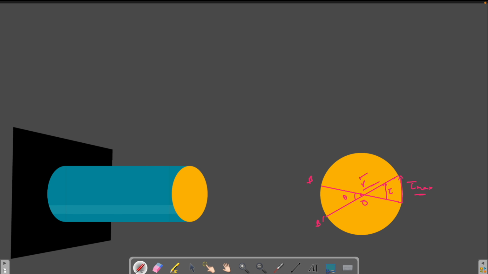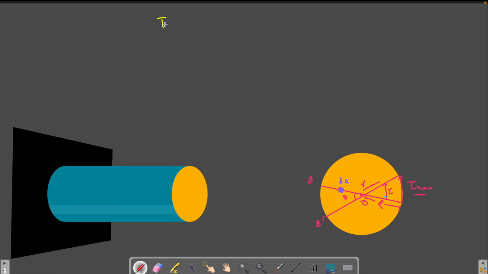From the center to the outer periphery is capital R. Now let's imagine a small area dA here at the radius r from the center. This is small area dA. Now what will be the torsion?